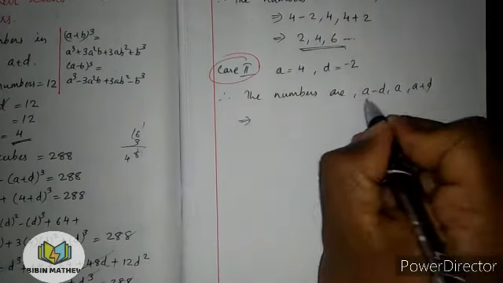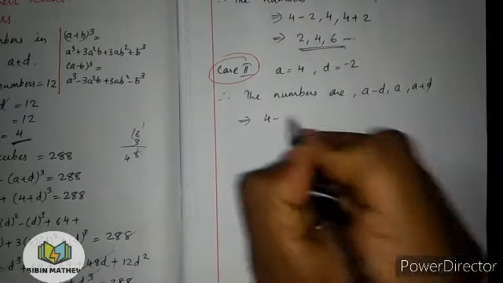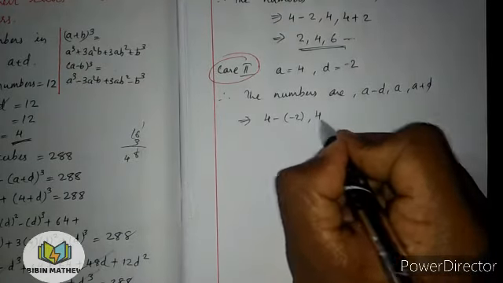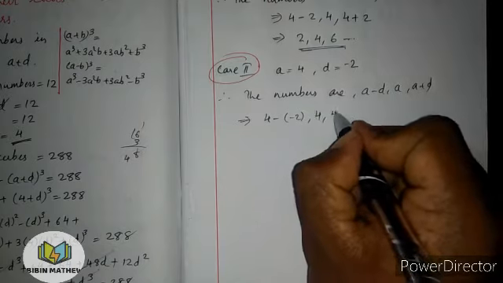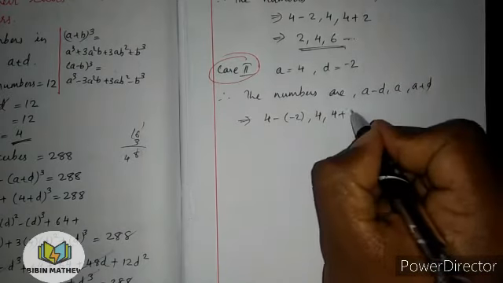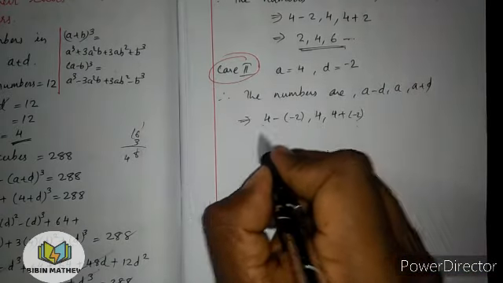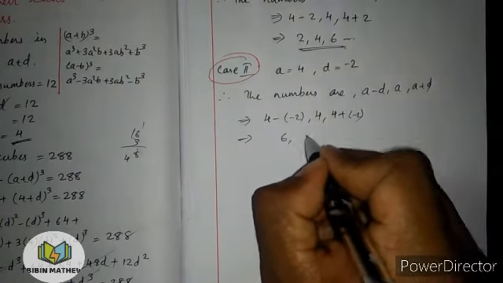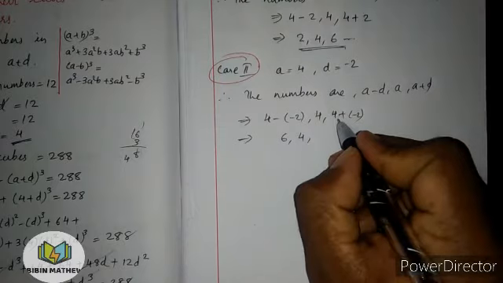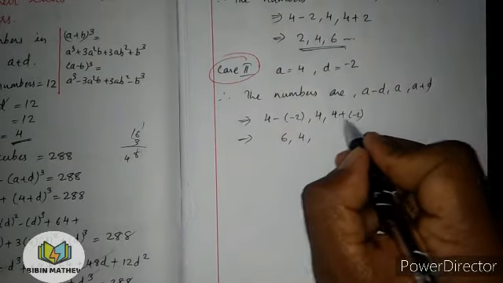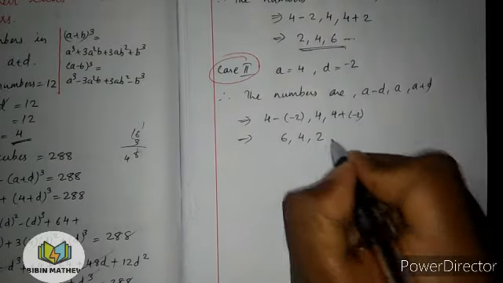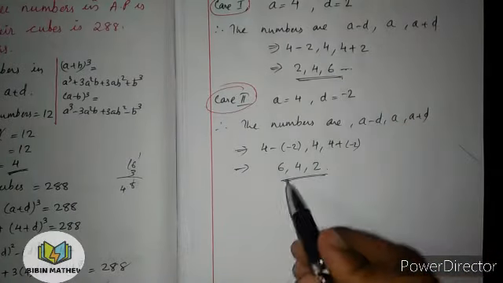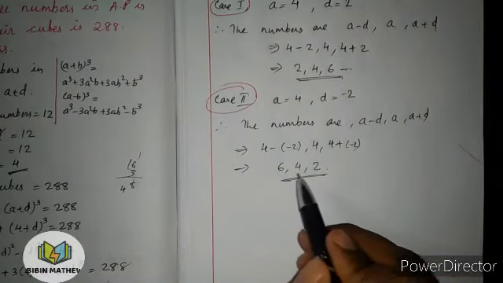That implies a minus d, that means 4 minus d की जगह minus 2, again 4, again 4 plus d की जगह minus 2. So that implies, minus और minus plus हो जाएगा, 4 plus 2 is 6, 4, then 4 plus minus 2 का मतलब 4 minus 2, 4 minus 2 is 2. So the numbers can be 6, 4 and 2.